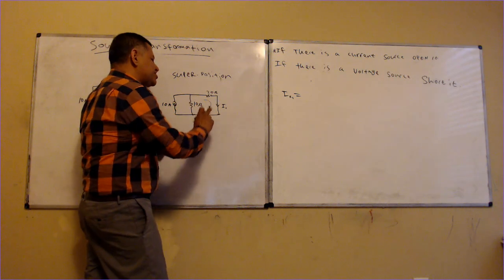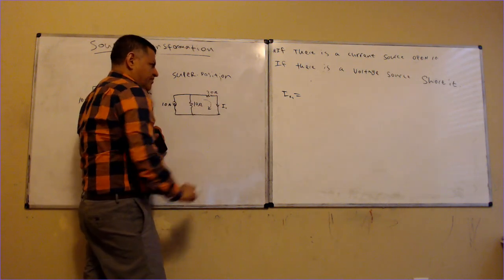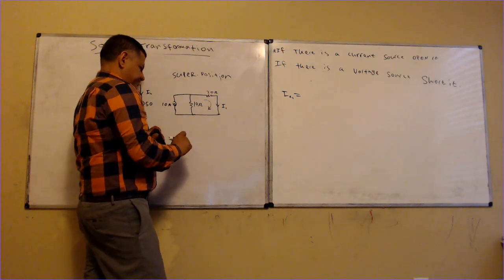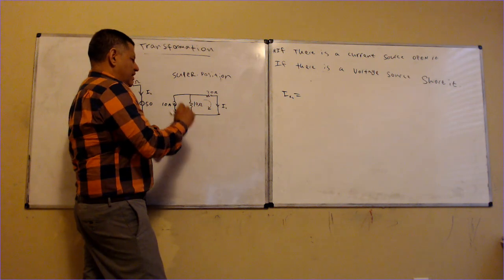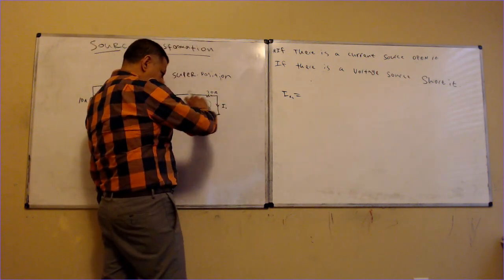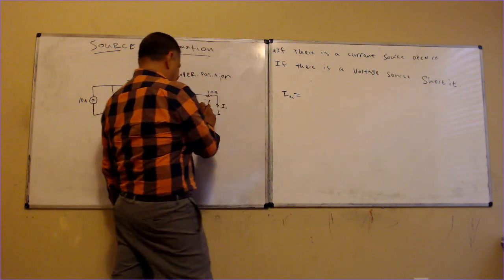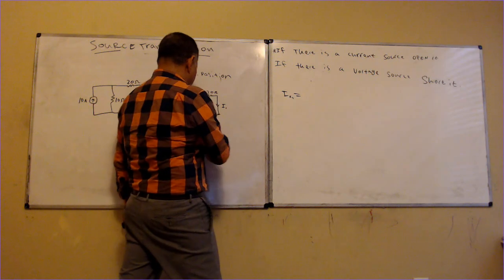This side of the resistance is the one that I'm looking for, right? So now let's find the current in this one. How do I do it?